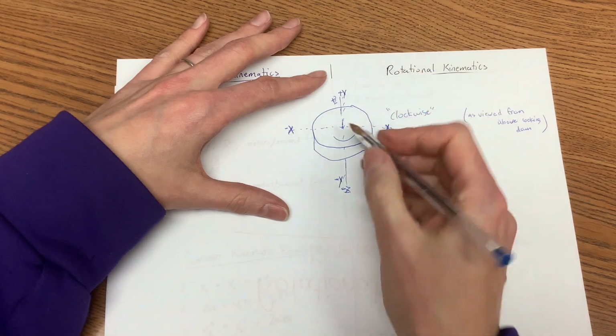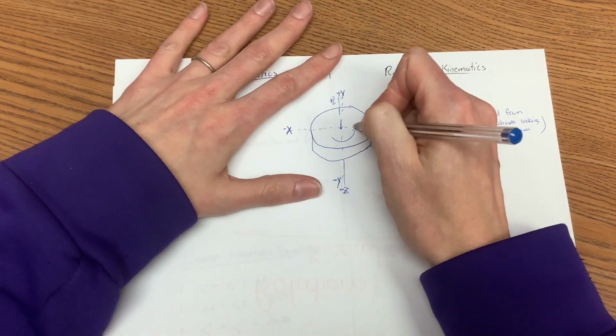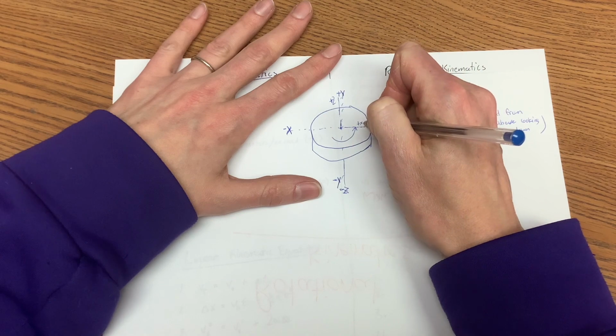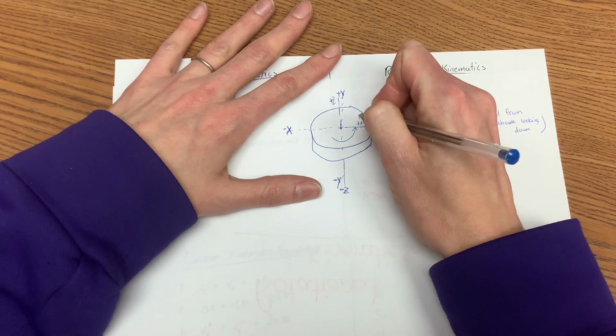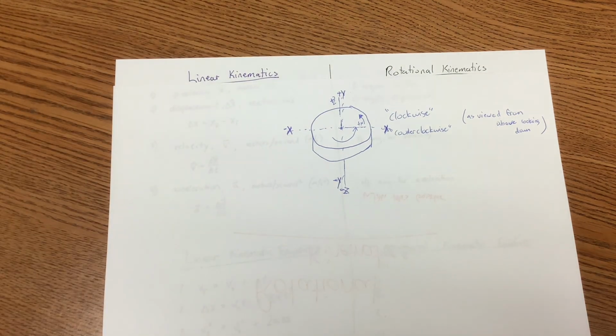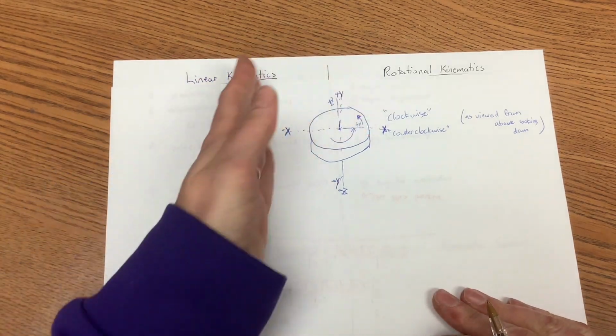When we're measuring the amount of rotation, we usually start measuring from the positive x, and we go counterclockwise. If you read somewhere that some object rotated and it gives you some amount of rotation, unless it says otherwise, it means that it started here and it went that way.